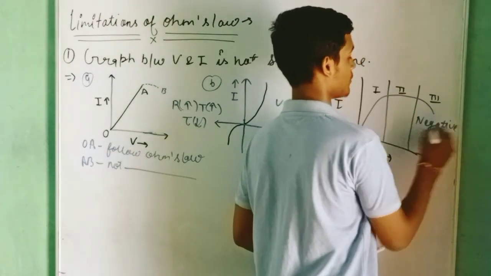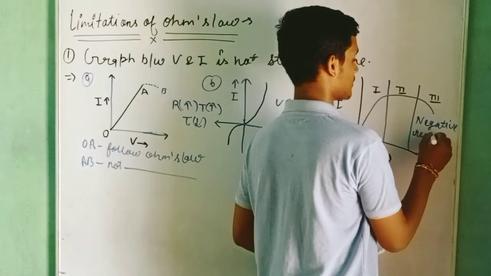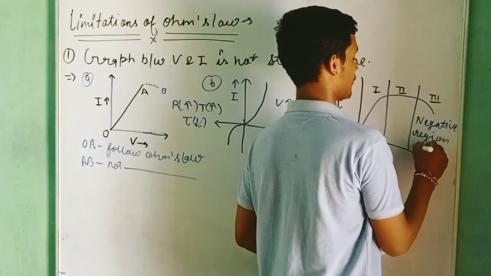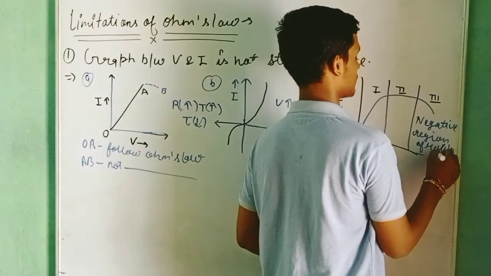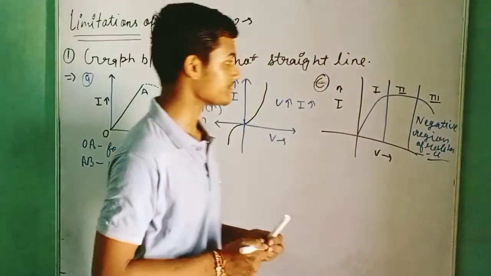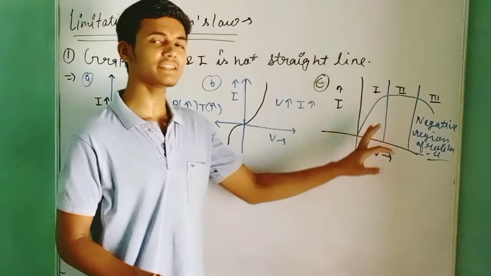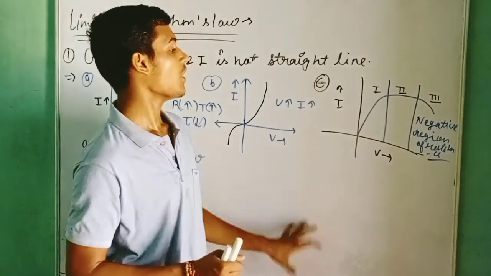Negative region of resistance. Why is it obtained?